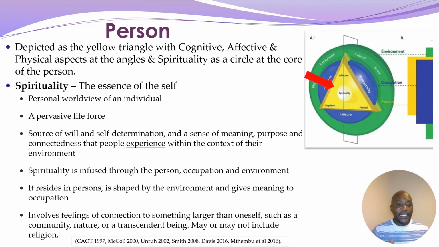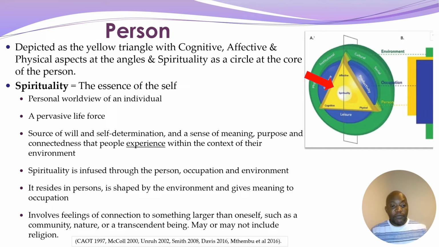It resides in persons and is shaped by the environment and gives meaning to occupation. And this is why the authors of the CMOP-E say spirituality is at the core of the person, because spirituality is the one where the meaning of occupations resides. So if it is the one that gives meaning to occupation, it takes a central role when we're using the CMOP-E.